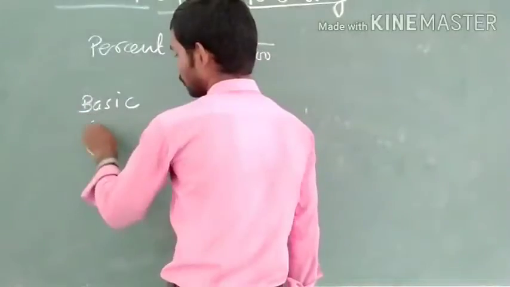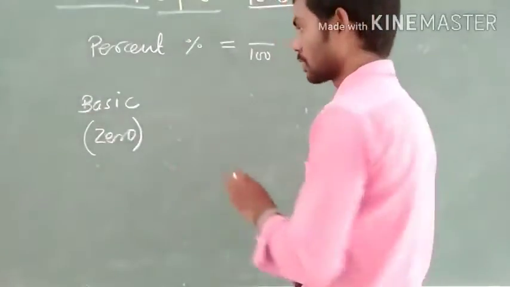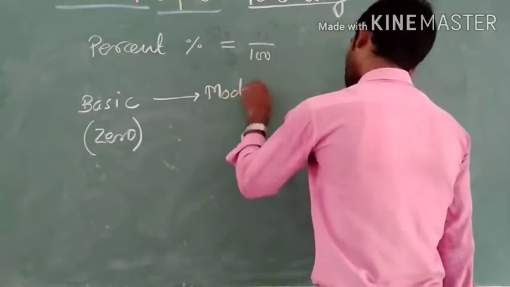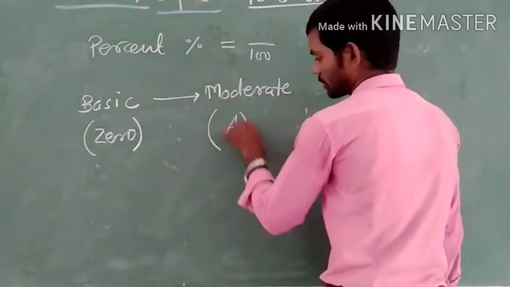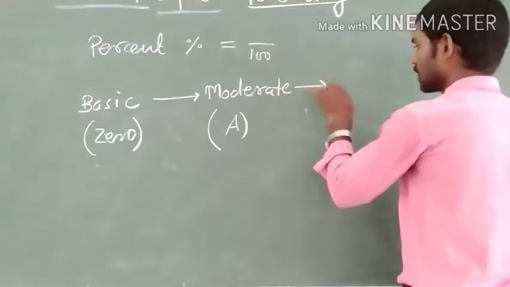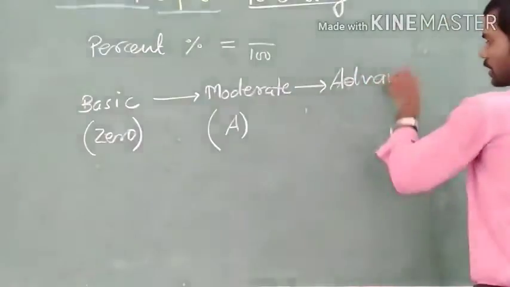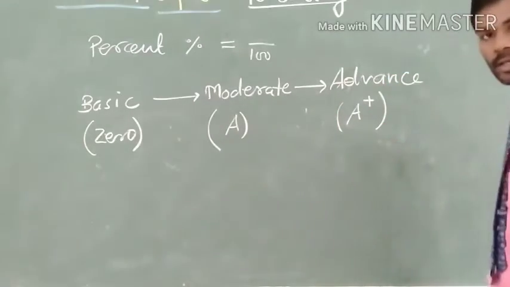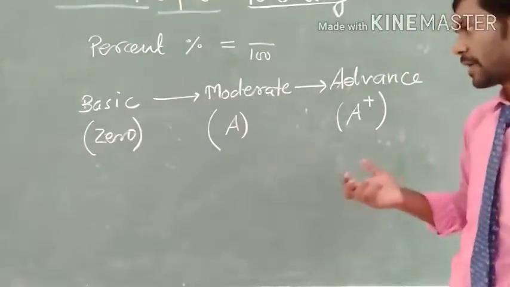Basic means zero; we don't know about that topic. The next stage is moderate. Moderate means A. And the next is advanced. Advanced means A plus. These are the grades of learning something new in mathematics.